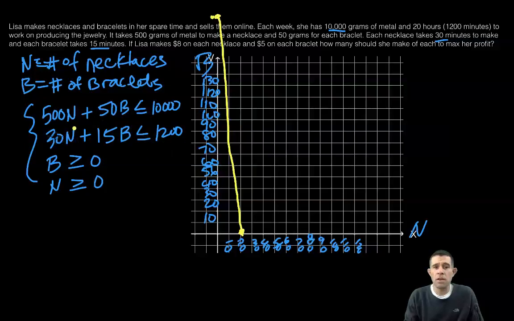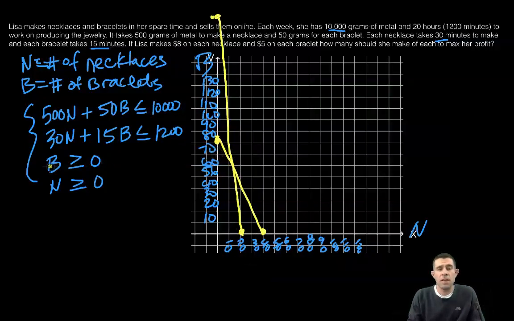We're going to cover up our N here and solve for B. 1200 divided by 15 is going to give us a y-intercept here of 80. And then likewise our x-intercept, or our n-intercept in this case, take 1200 divided by 30, you're going to end up with 40. All right, so here is that line there.